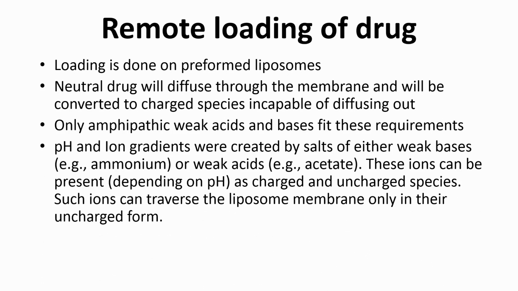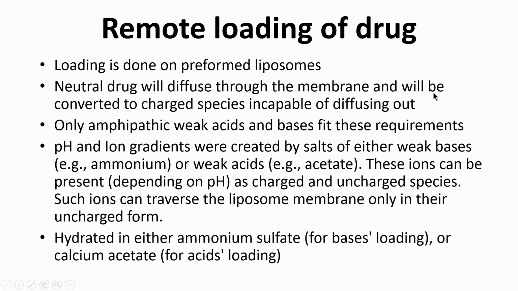This could be done by using weak bases like ammonium or weak acids like acetate, and depending on the pH inside or outside they can be charged or uncharged. They can traverse the liposome membrane only in their uncharged form, and we will explain how this actually happens. These empty liposomes are not really empty, but they carry these salts.